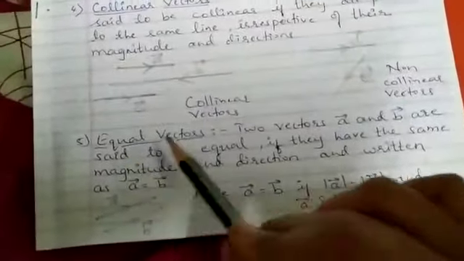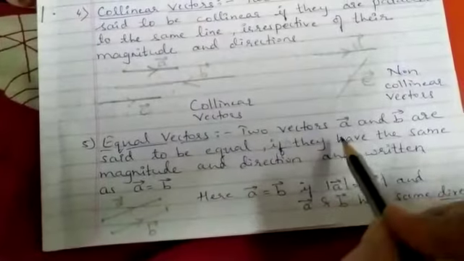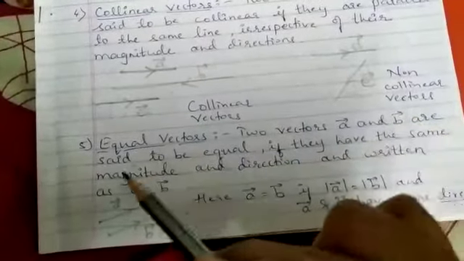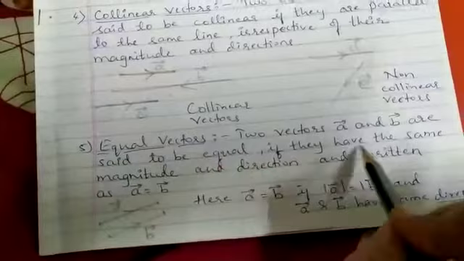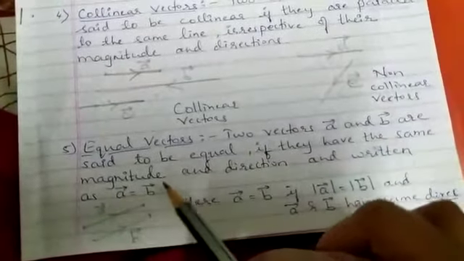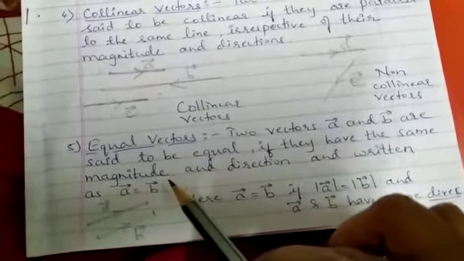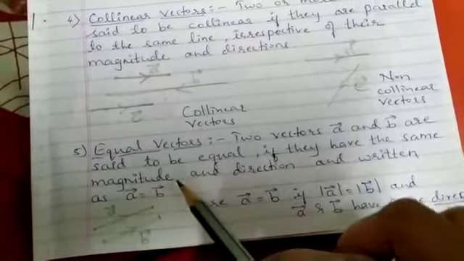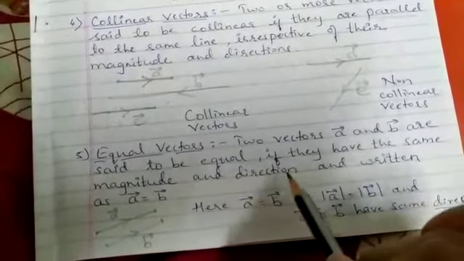Next we have equal vectors. Two vectors, vector A and vector B, are said to be equal if they have the same magnitude, same length, and the same direction.